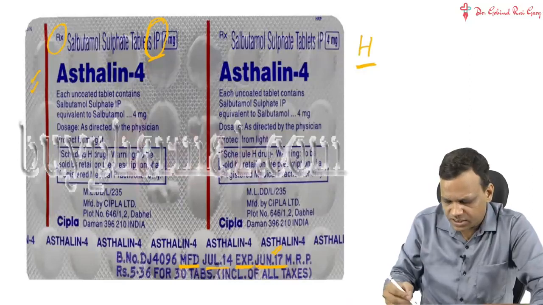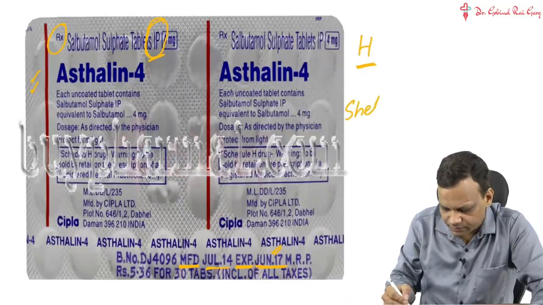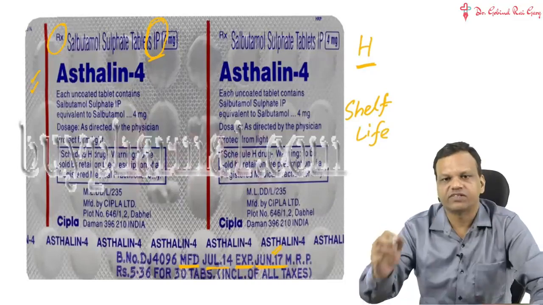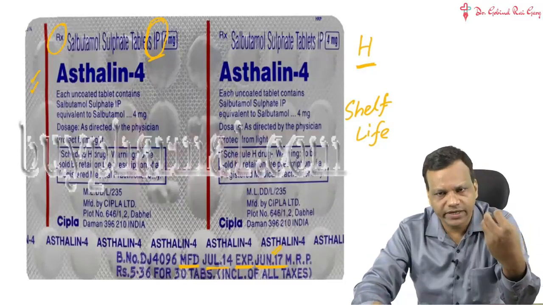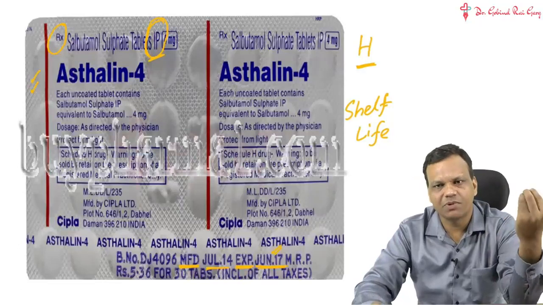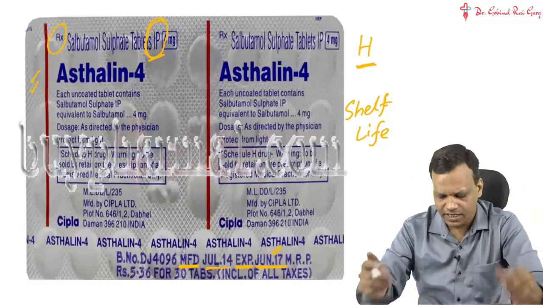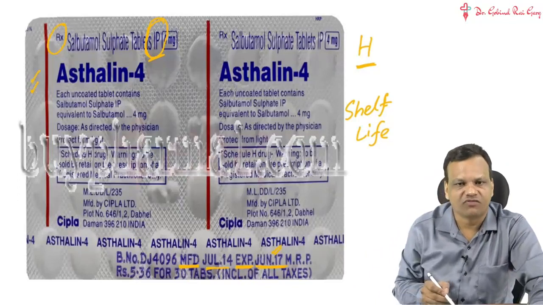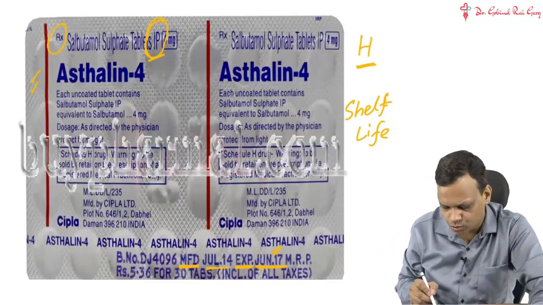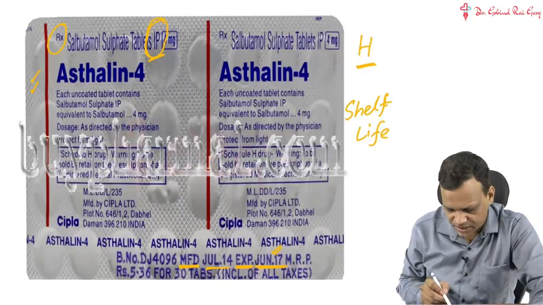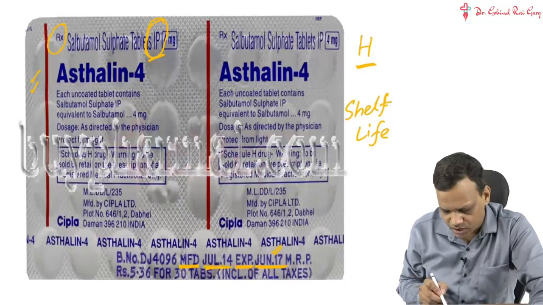Second thing, what is the shelf life of this drug? Shelf life means the total time for which this drug can maximum be stored on the shelf of a pharmacist, or simply it will be expiry date minus manufacturing date. So expiry date is June 2017, manufacturing date was July 2014.